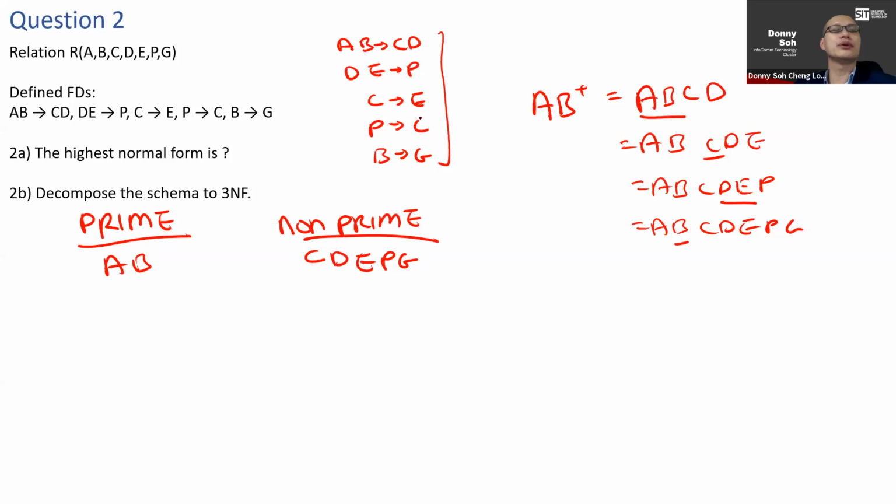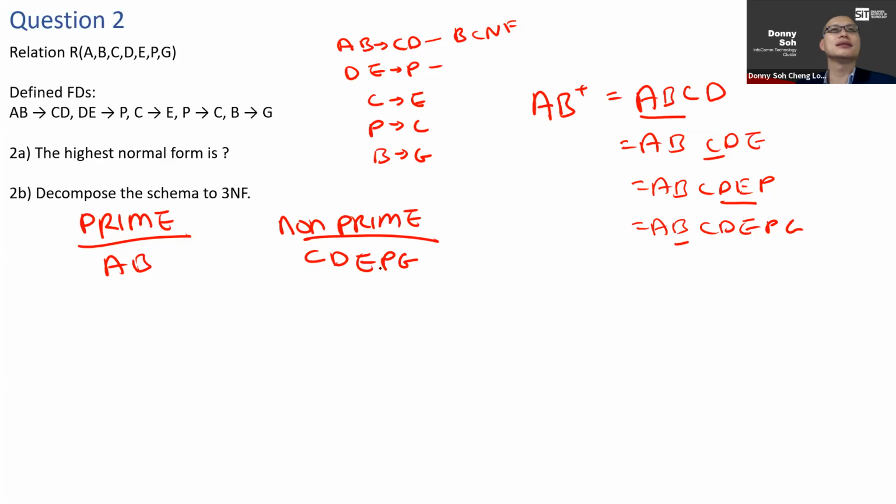So let's do this one by one. So a non-prime is dependent on the primary key. So this is definitely 2NF. Actually, I can immediately put this to BCNF. Immediately I can say this is BCNF.